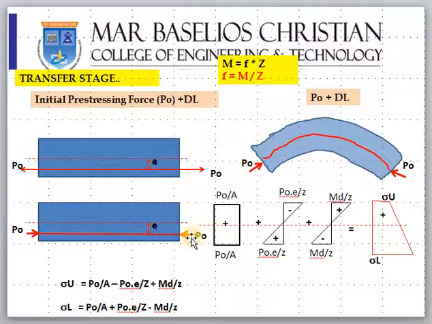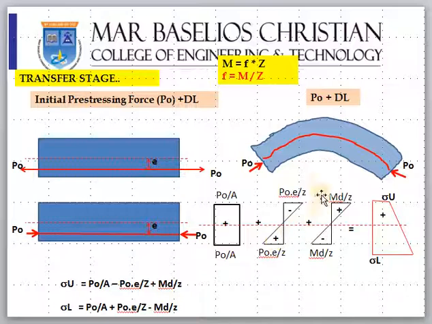This bending moment is nothing but P0 into e. So when it bends like this, the top fiber will experience tension and the bottom will experience compression. Your stress diagram will be like this. The stress is M by Z, where M is P0 e, so P0 e by Z at the top and P0 e by Z at the bottom also. But since the top is in tension, and we are taking compression as positive and tension as negative, it will be negative at the top and positive at the bottom.